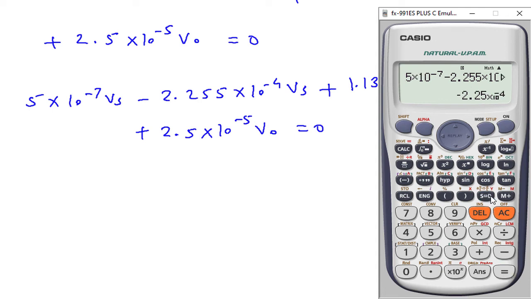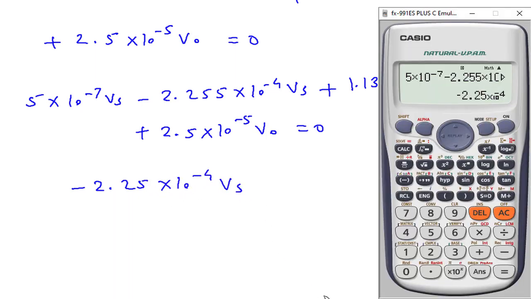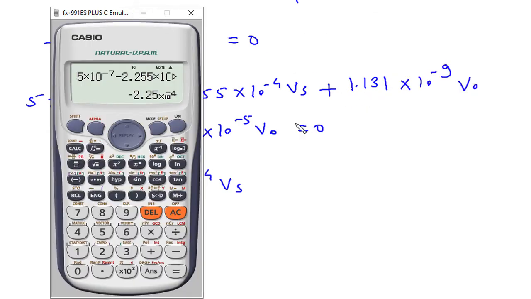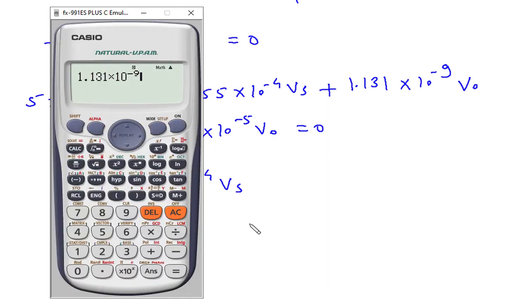So this will be minus 2.25 into 10 to the power minus 4 VS, and here this will be 1.131 into 10 to the power minus 9, then plus 2.5 into 10 to the power minus 5.